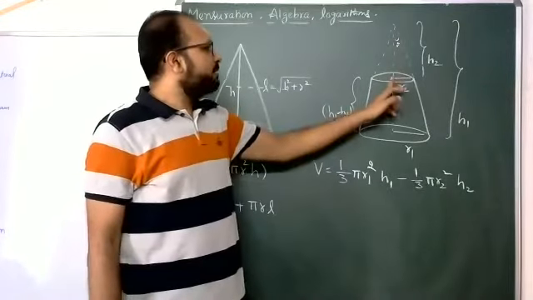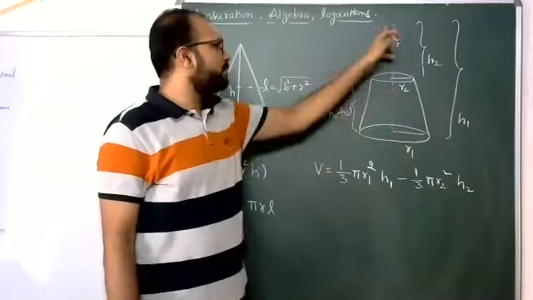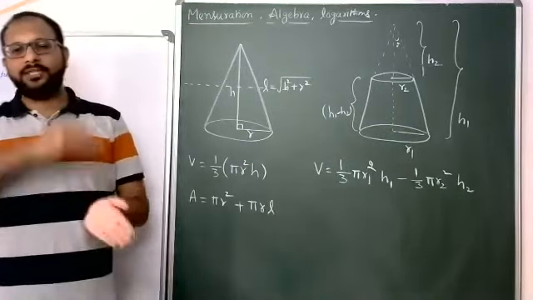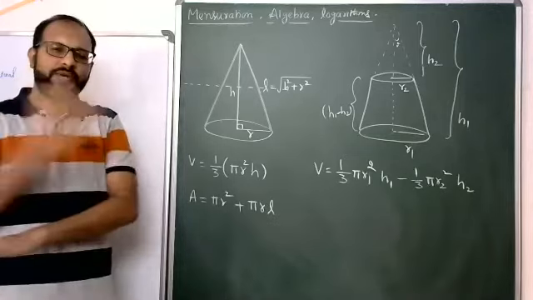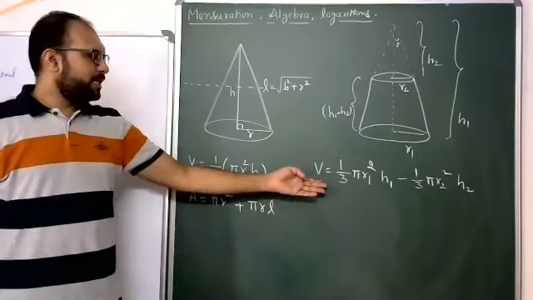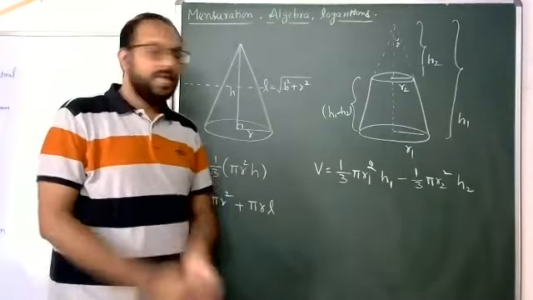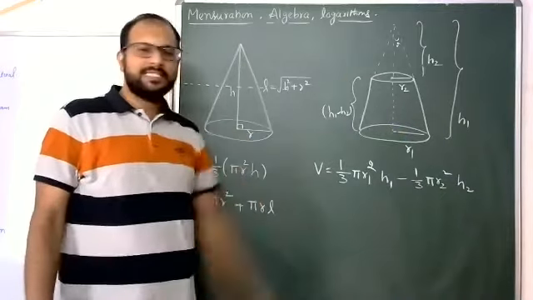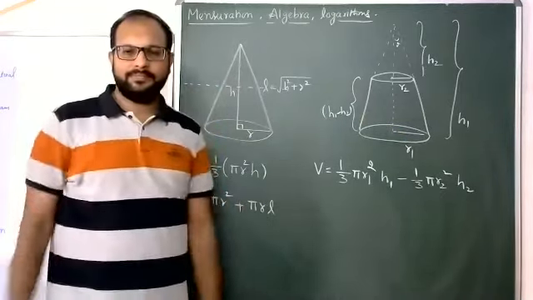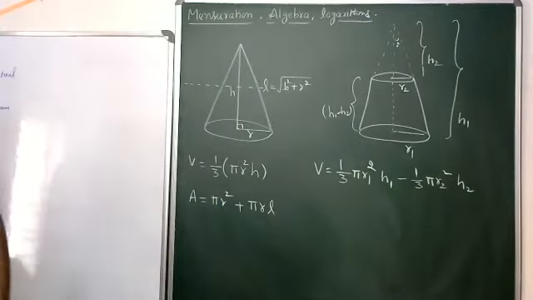Students, tan theta equal to R2 by H2, same tan theta equal to R1 by H1. That's why you can write R1 by H1 equal to R2 by H2. So that is the total value. You can find even surface area also. But here two flat surfaces and one lateral surface. Okay, so this frustum also completed.